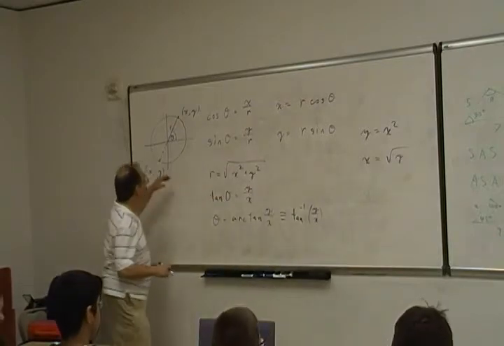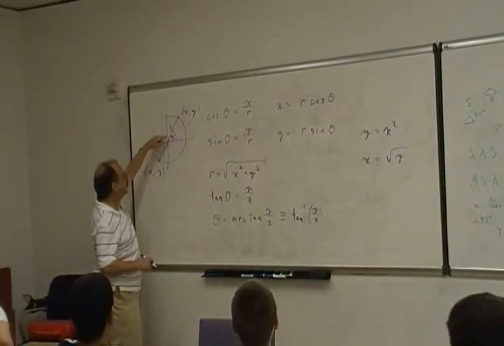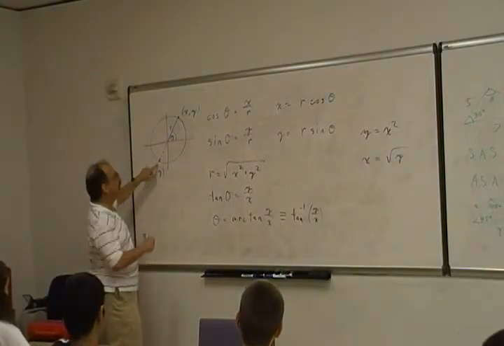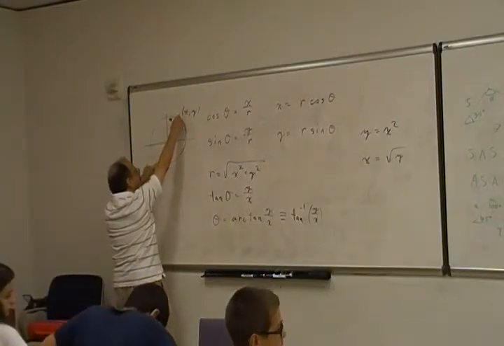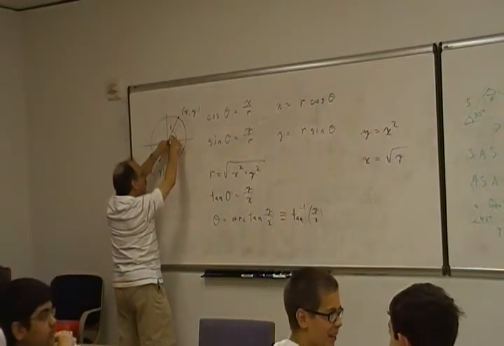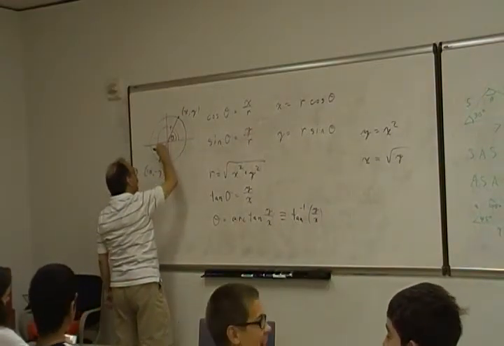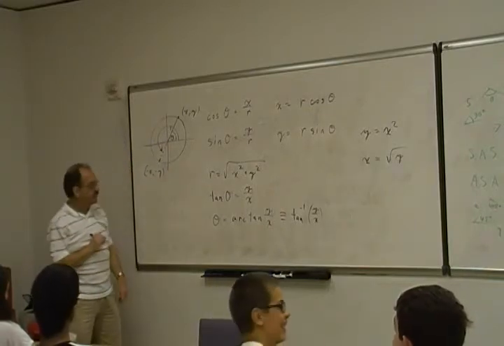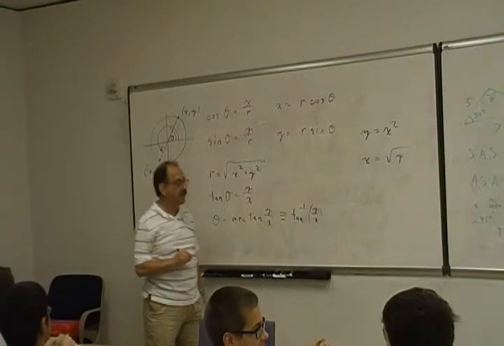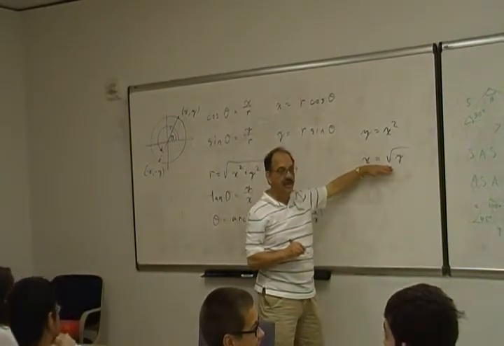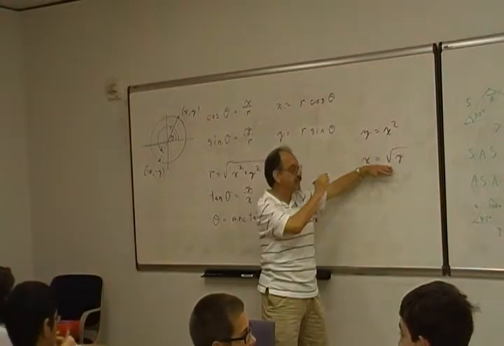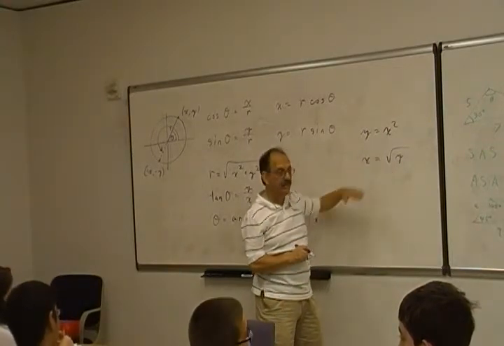Likewise here, if I tell you x and y, these two points, and I ask what angle gives it to you, the arctangent is going to give this one, not that one. So this formula with the arctangent is going to give the wrong one, just like square rooting always gives you the positive one. If you need the negative one, you have to explicitly put the minus sign in.